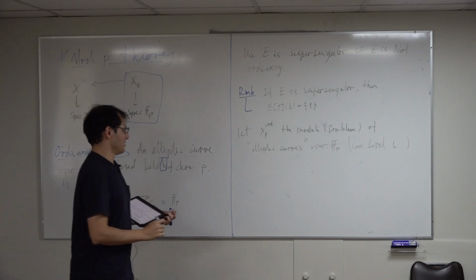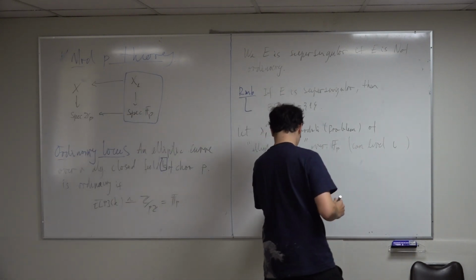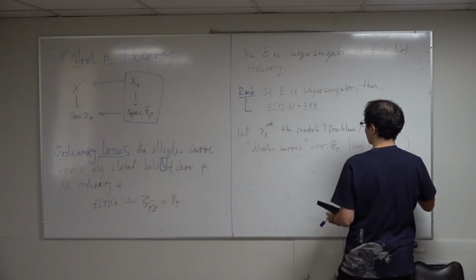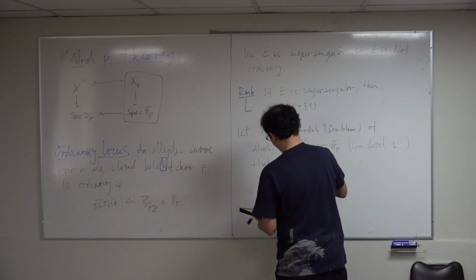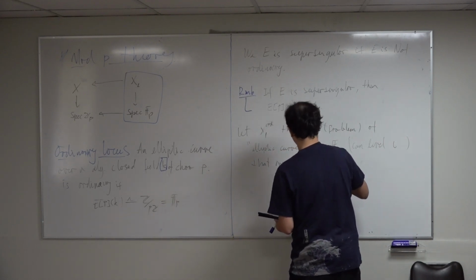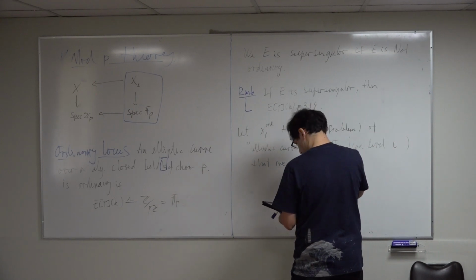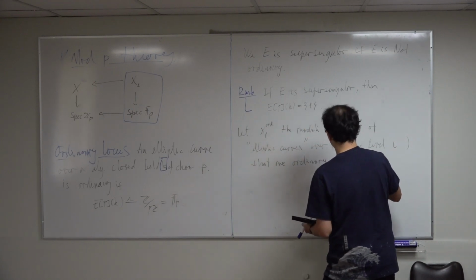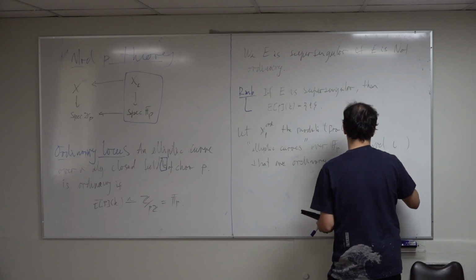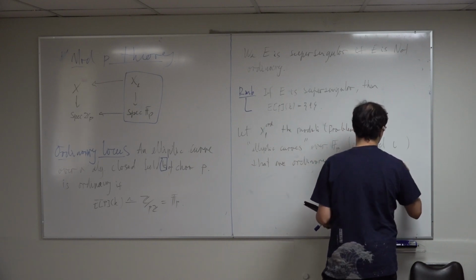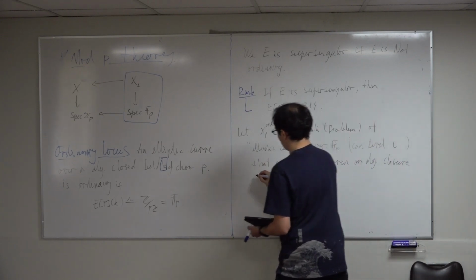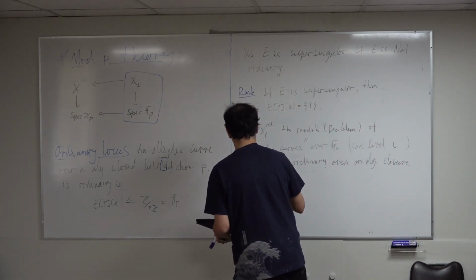But this is the ordinary one, the elliptic curves that are ordinary over an algebraic closure of F_p.